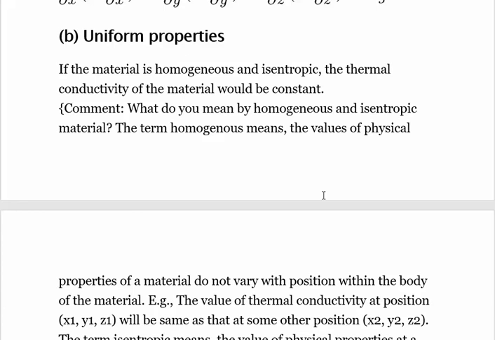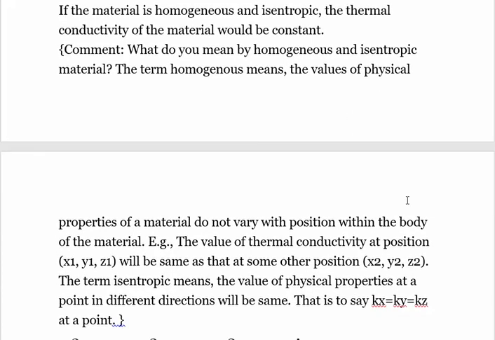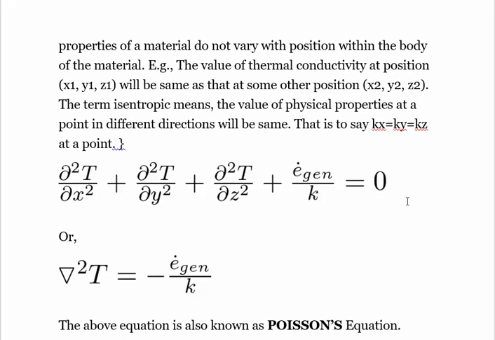For example, the value of thermal conductivity at position x1, y1 and z1 will be the same as at position x2, y2 and z2. The term isotropic means the value of a physical property in different directions will be the same.